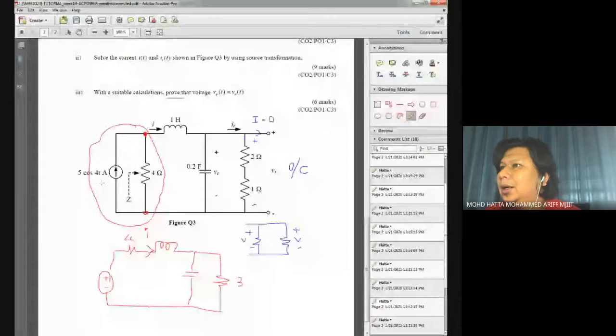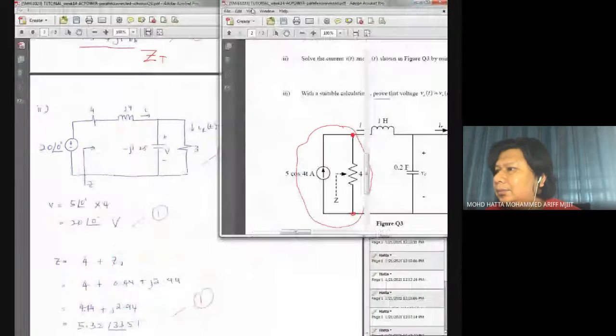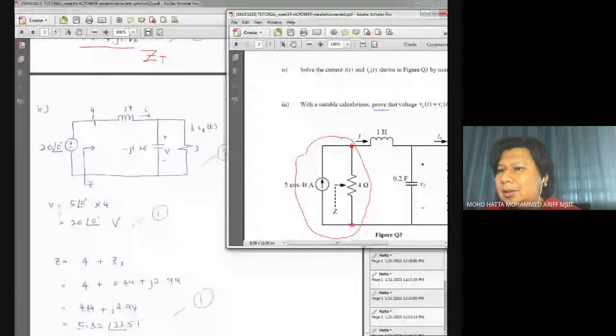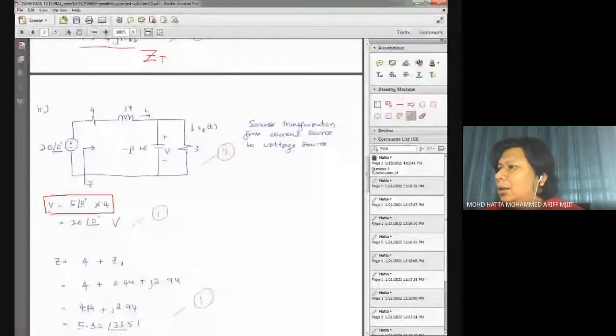Maybe you will have a question later on. If you look at my solution here, why can we use the peak value here? Maybe I erase this one first.